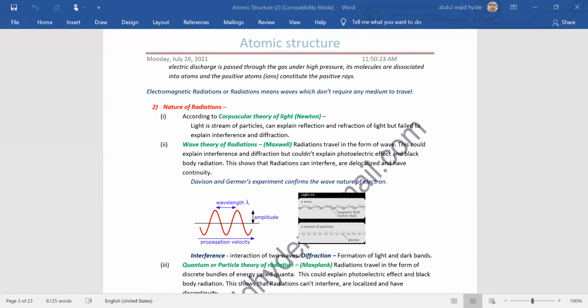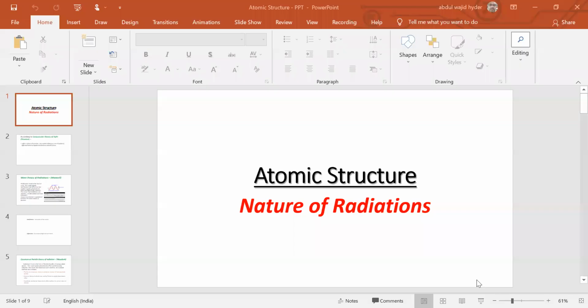So instead of this, I'll share another screen now. Now what is seen there on the screen? Atomic structure, nature of radiations. Yes, sir. Only that? Yes, sir.